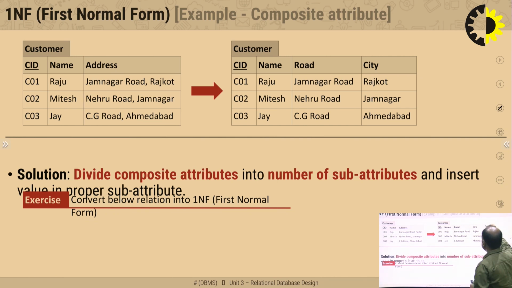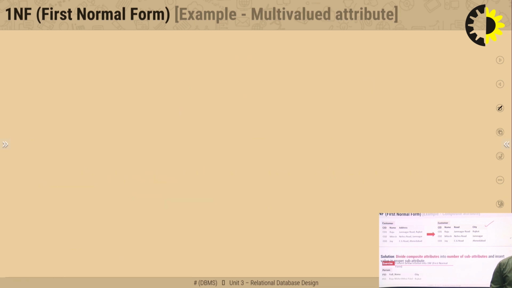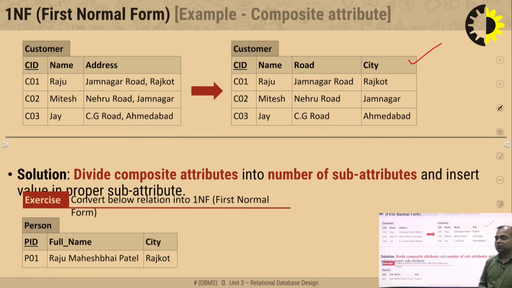Now this table is in first normal form. Clear? So divide the composite attribute into a number of sub-attributes and insert the values in the proper sub-attributes. This is the first normal form. In this way we find the first normal form.